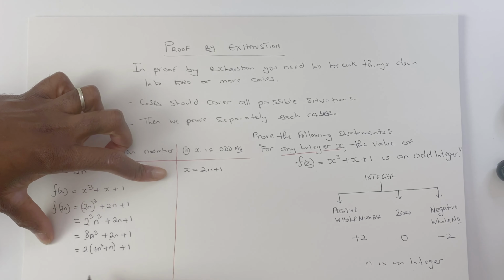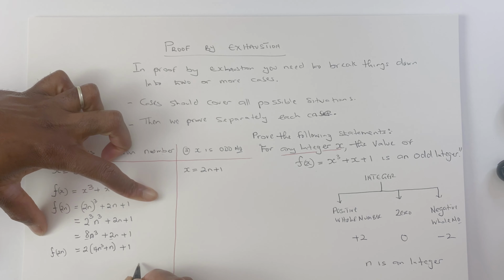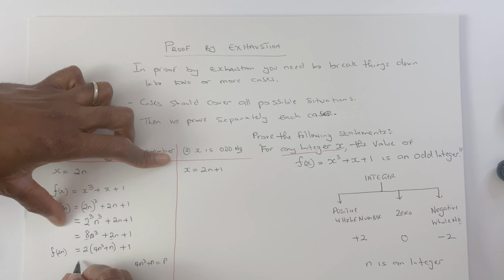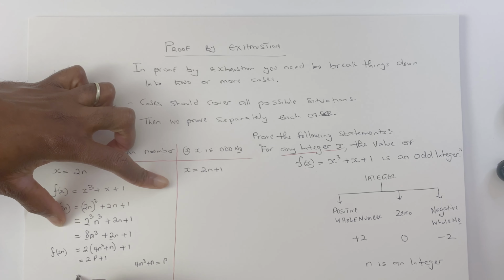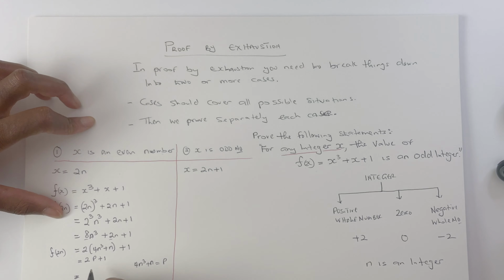Still doing f(2n), let 4n cubed plus n equal p, and therefore I would have 2p plus 1. And what would that give me? That would be an odd number. 2p plus 1 is an odd number.